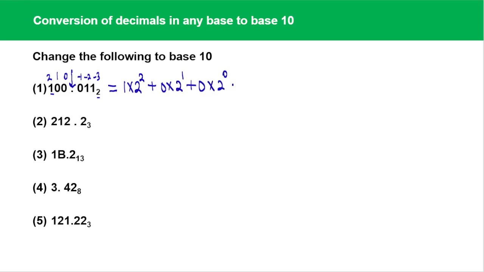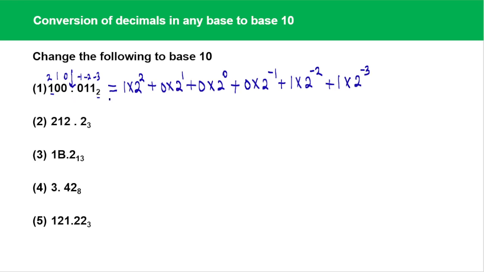Ignore the decimal point and just continue, plus 0 times 2 to the power of -1 plus 1 times 2 to the power of -2 plus 1 times 2 to the power of -3.